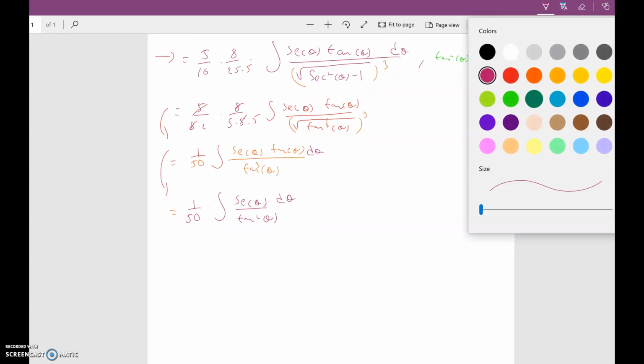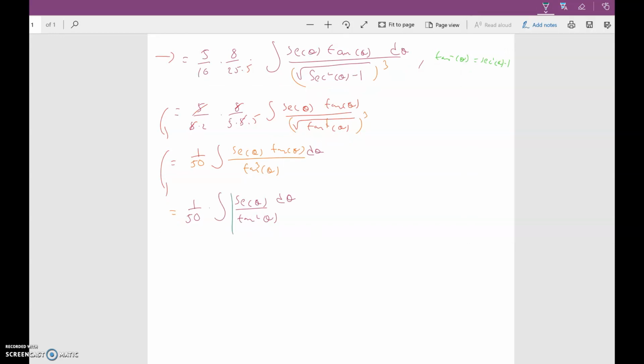Okay, at this point, let's actually simplify this portion, and I'm just going to simplify it on the side.